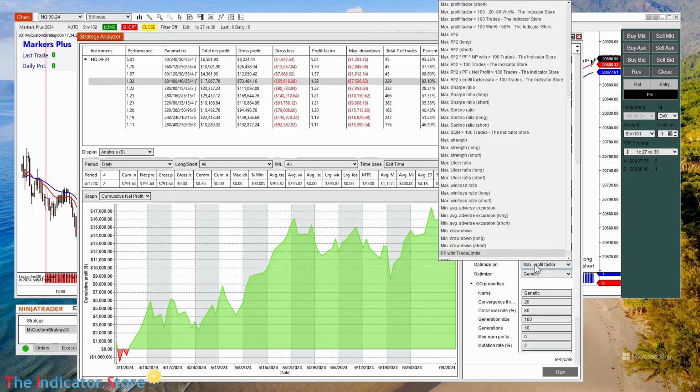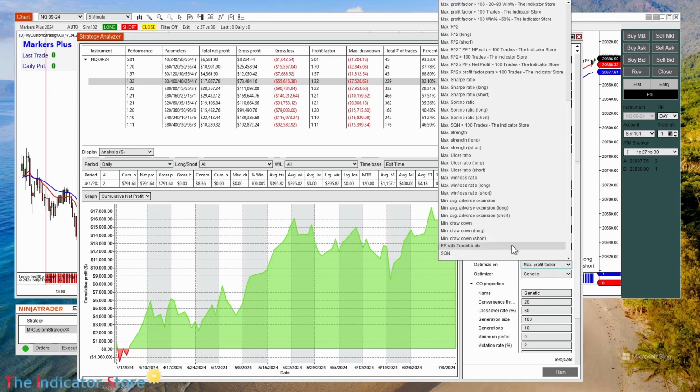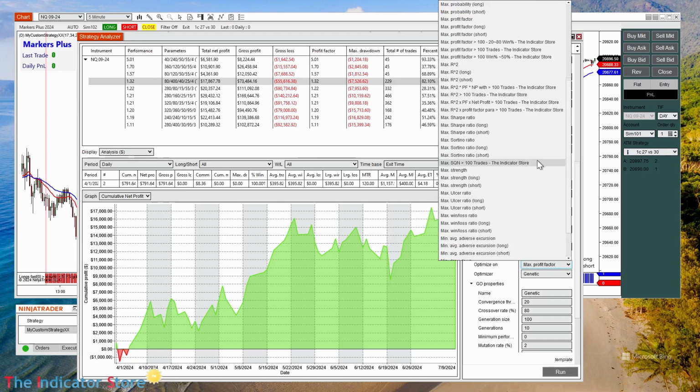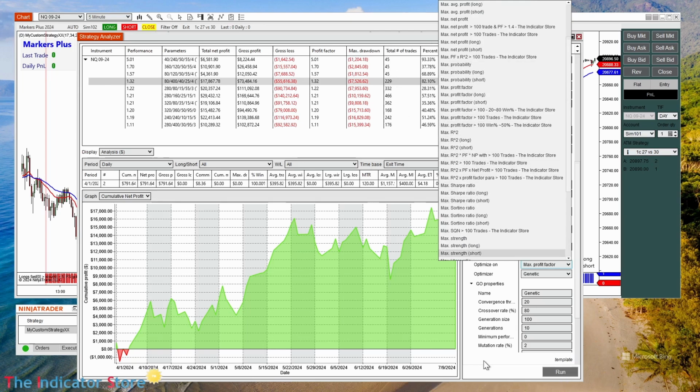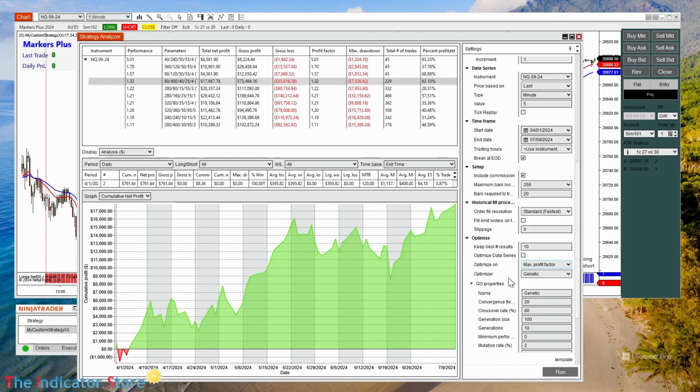On the training sessions, we created a custom optimization fitness to discard all the solutions with less than 100 trades. If you don't have the custom optimization fitness, you need to click on run several times until you find something that works.